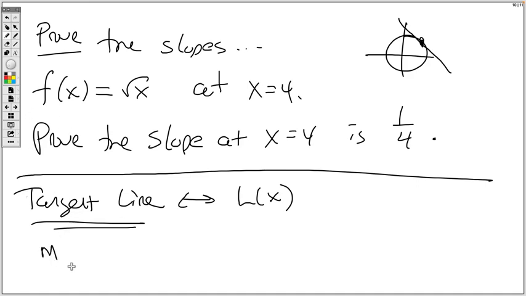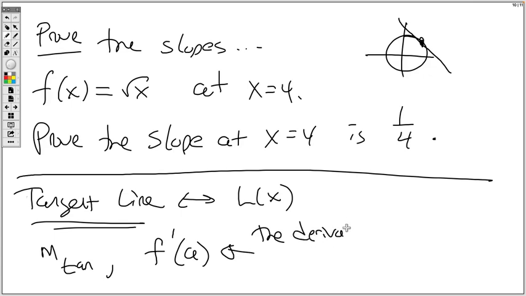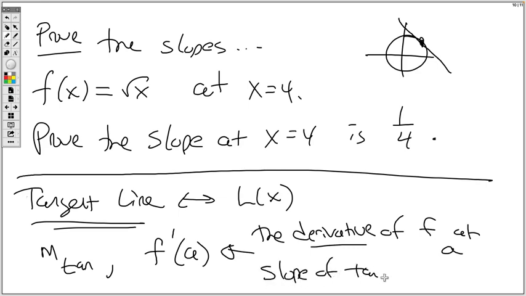So the slope of the tangent line is sometimes denoted as m tan. Okay. Sometimes it's denoted as f prime. So this is called the derivative of f at a. And what this represents is that this is the slope of the tangent line. So if you see that little apostrophe there, that's pronounced prime. It's called the derivative.